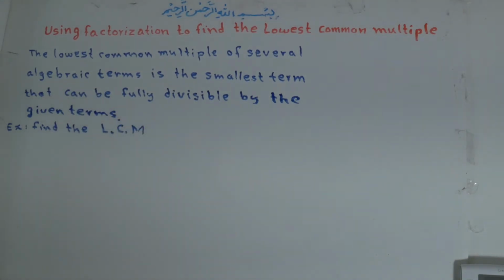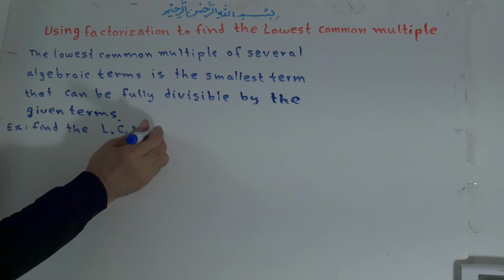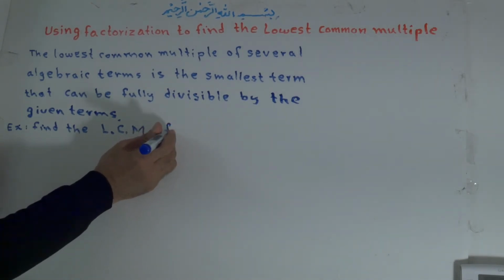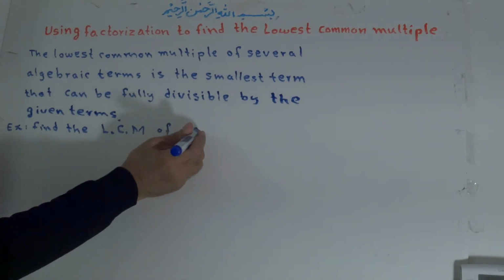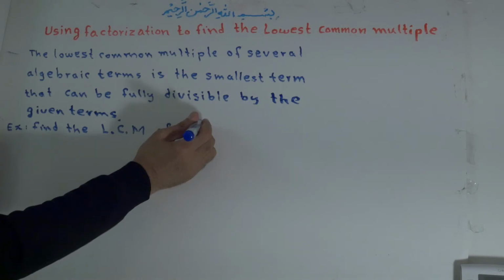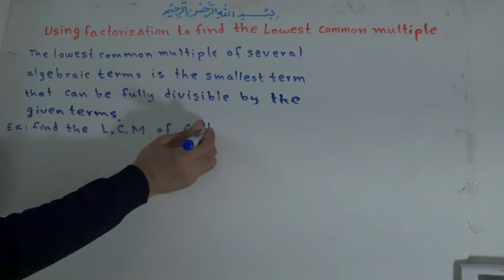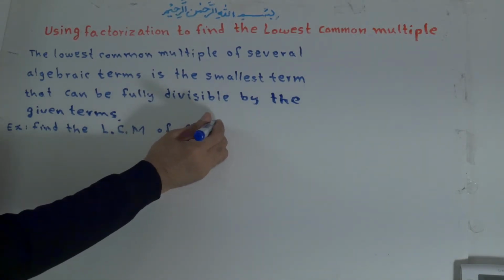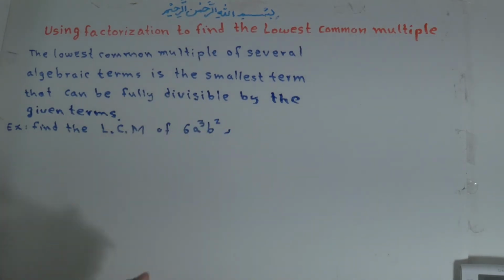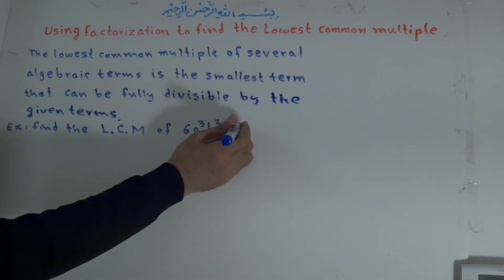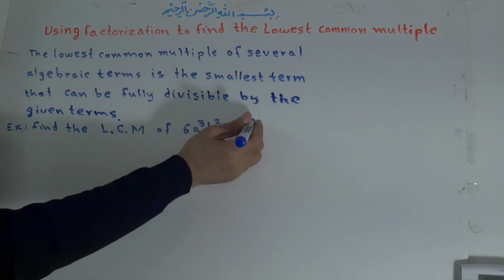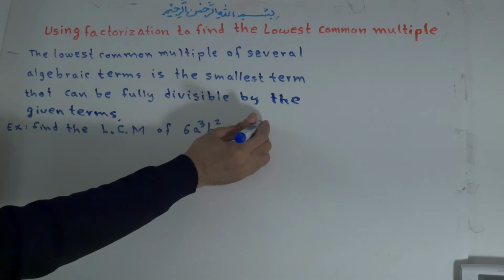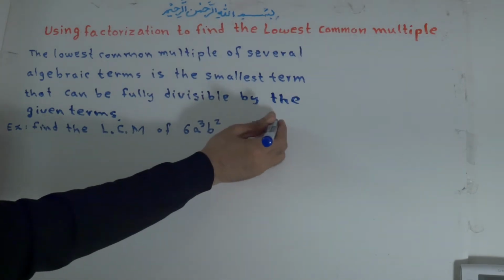Find the lowest common multiple of 6a^2 b^2... of 6a^3 b^2 and 8a^2 b^3.